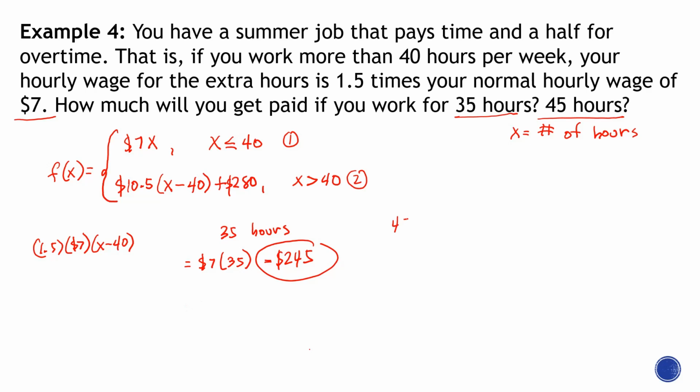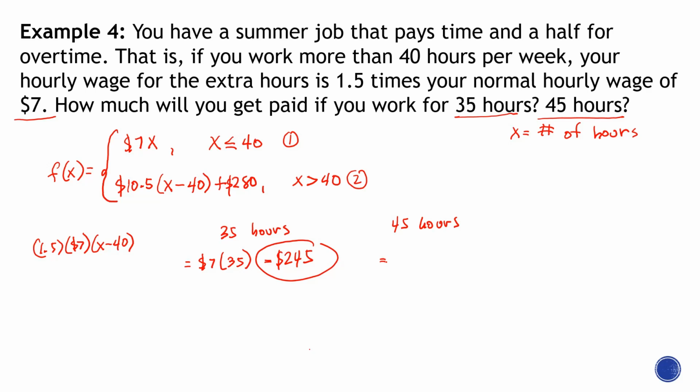You work 45 hours. The first thing we need to ask ourselves is, what formula are we going to use? Or is 45 part of what domain? First or second?